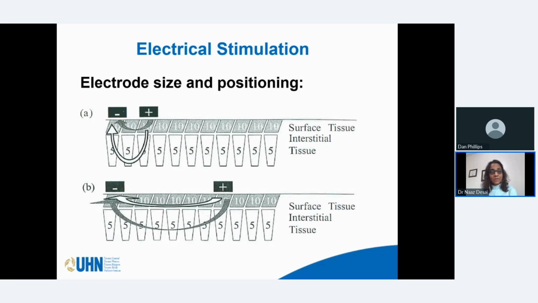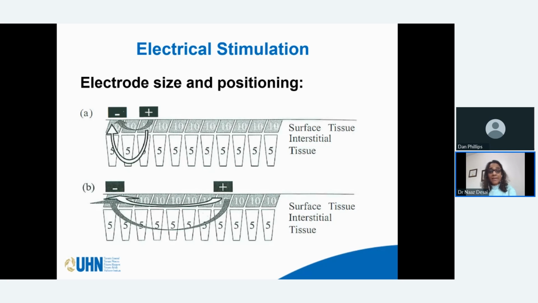So in this case, because the electrodes are closely placed together, there will be less total resistance when the current passes superficially, so the current will remain fairly superficial. Whereas considering the same scenario for B, when the electrodes are placed further apart, less resistance is offered when the current travels deeper, because the current travels a longer distance in the interstitial tissue compared to the surface tissue. So when the electrodes are positioned further apart, then there will be deeper penetration of the current.